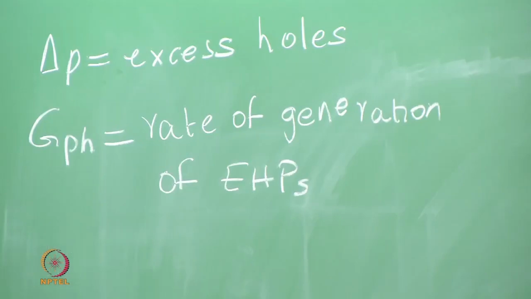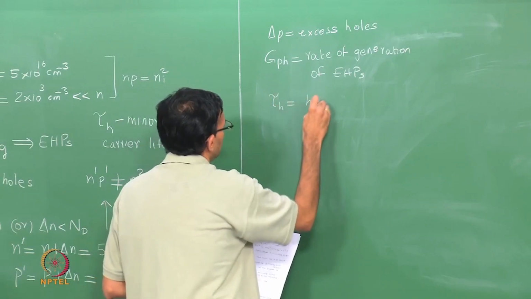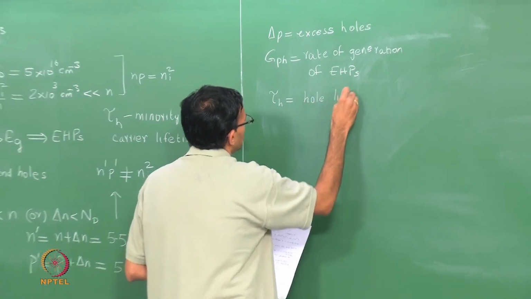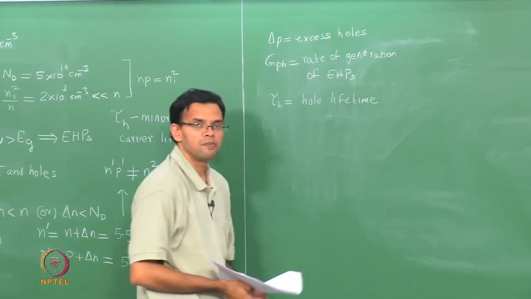We also define a minority lifetime tau h, this is your hole lifetime.